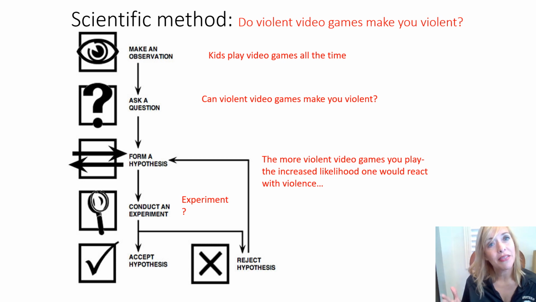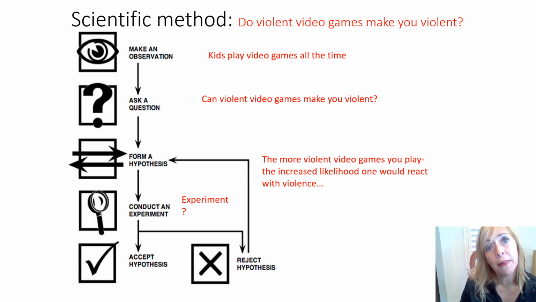The scientific method, you're making an observation, and we could say kids play video games all the time. Like it's a very big part of people's lives. And it depends on the choice of video games that kids play. If kids play violent video games, do you think it contributes to their maybe bad behavior?